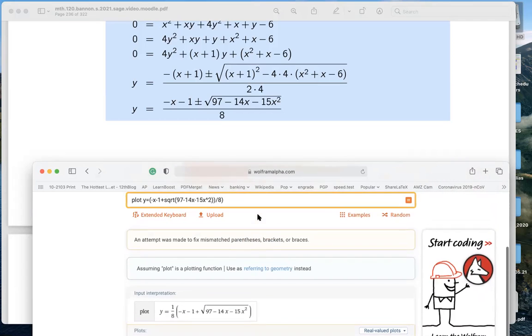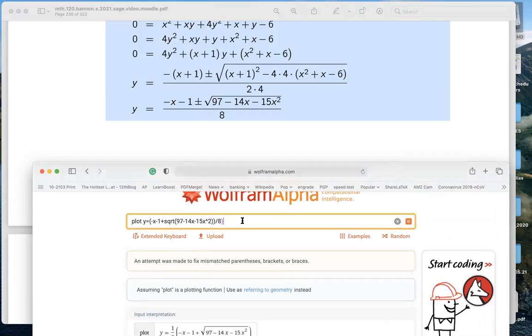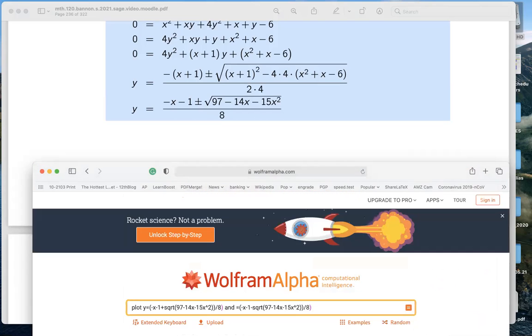Let's draw the other half. All right, I want to see if I can do it. And I don't know if I can do it. I'm going to give it a try. And it's not plus that, it's minus that, right? Let's see if it can do it. I don't know. Maybe it can't do it.